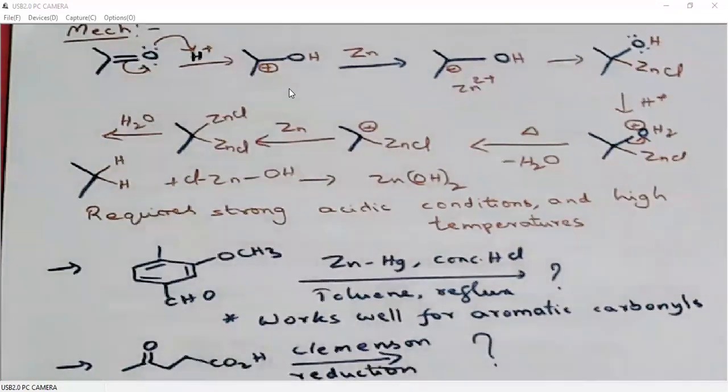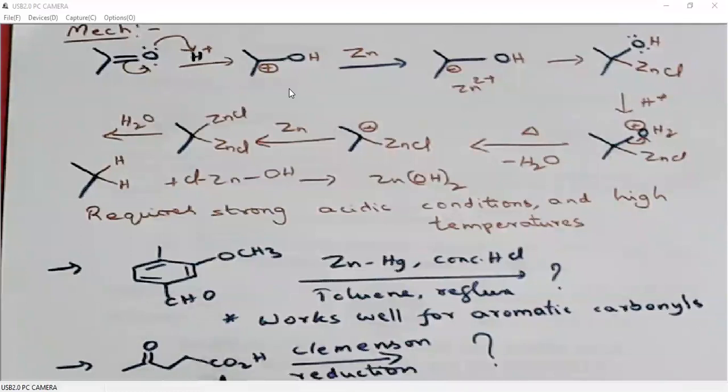What is the product here? In this particular example, we have two functional groups, ketone and carboxylic acid.